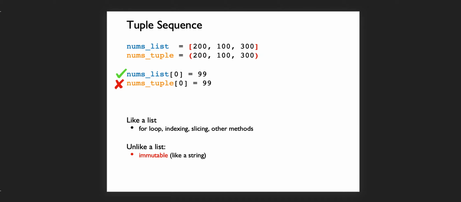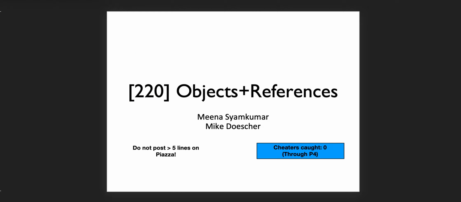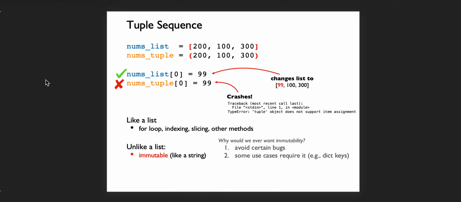There are two different reasons why we can use and need a tuple. The first reason for using a tuple as opposed to a list would be, suppose you have a data set which you never want to modify.